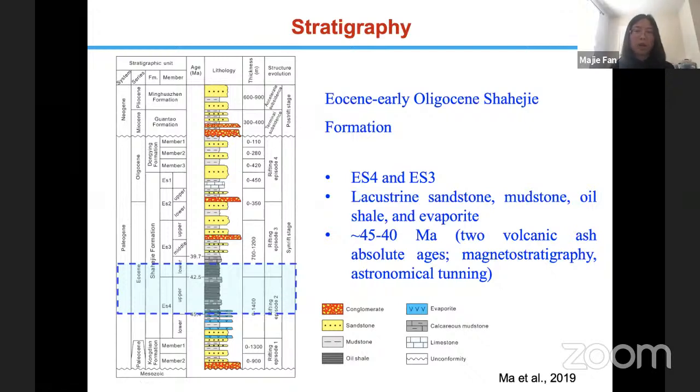People have done astronomical tuning to refine the age, but those studies were not conducted from our cores or the depressions that our cores were drilled from. So essentially, this was based on lithological correlation to other areas. But more or less, we agree the section we're going to be looking into is Eocene in age.